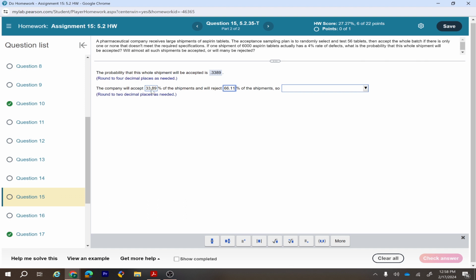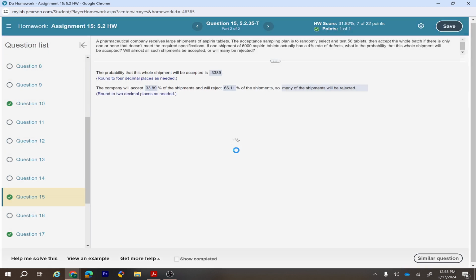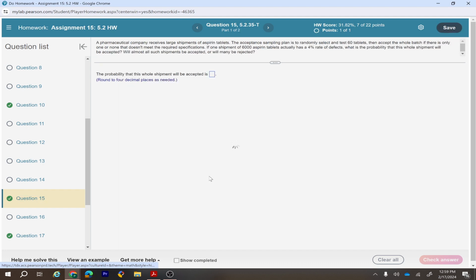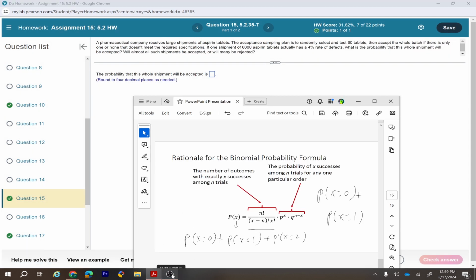So the company will accept 33.89% of the shipments and reject 66% of them. So many of the shipments will be rejected. That can be found using StatCrunch and the binomial probability distribution formula. Okay, that's section 5.2.